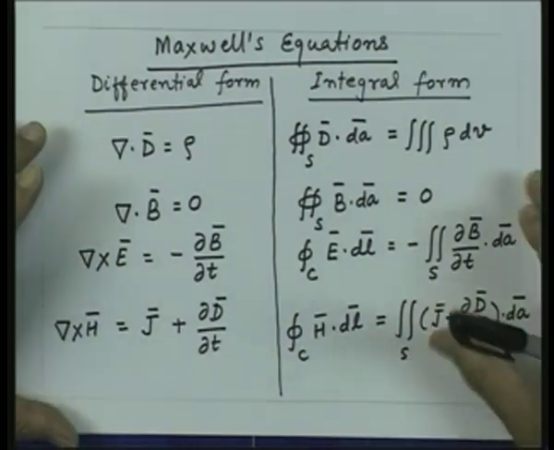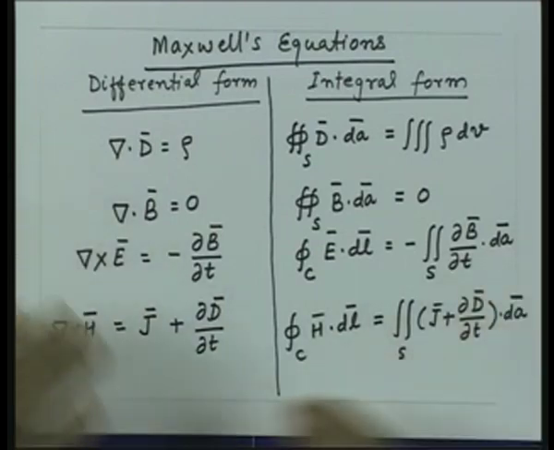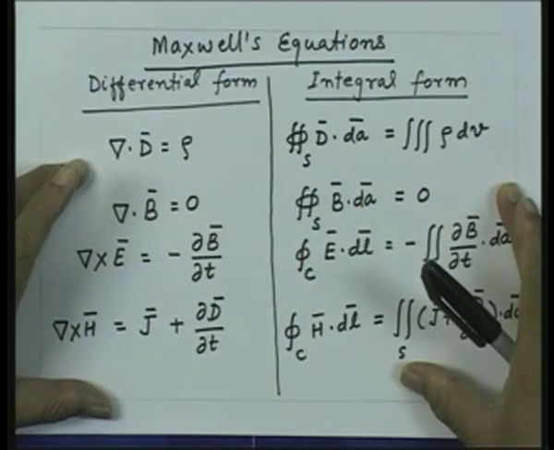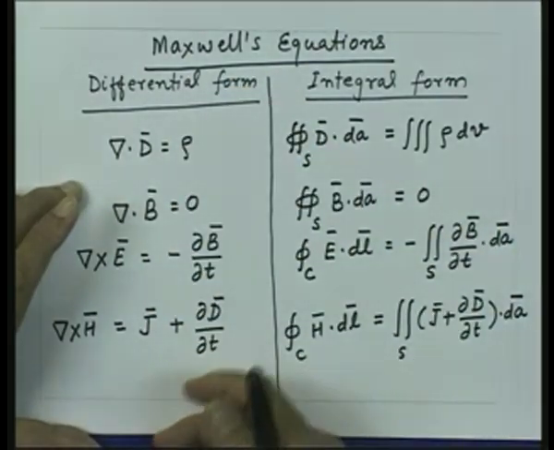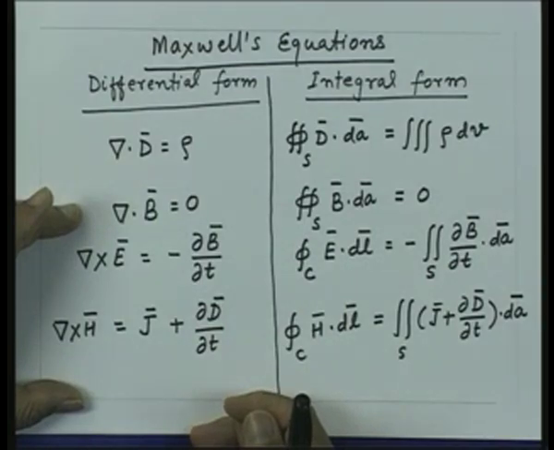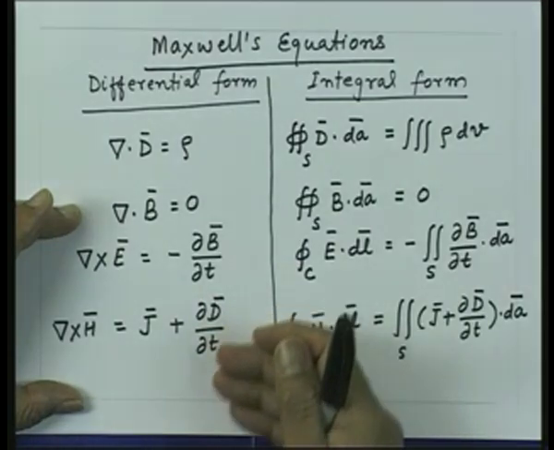So, now these are the set of equations which govern the total phenomena of electromagnetics for static as well as time varying fields. Once you have these generalized equations for time varying fields, we can reduce them to the equations for static fields by putting all time derivatives to 0. I will get the equations for the static electric and magnetic fields.